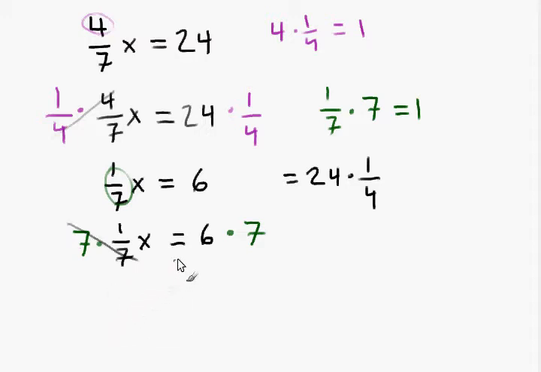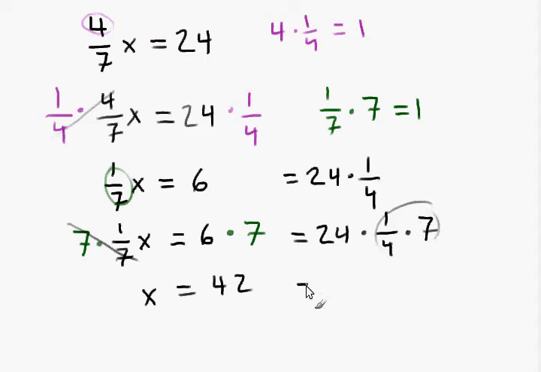They leave us with 1. So the left-hand side simplifies down to x. And then this right-hand side becomes 42. Alright, what about this over here? Let's finish filling this out. We're going to have 24 times 1/4 times 7. I want to take these and group them together. That's 7/4.